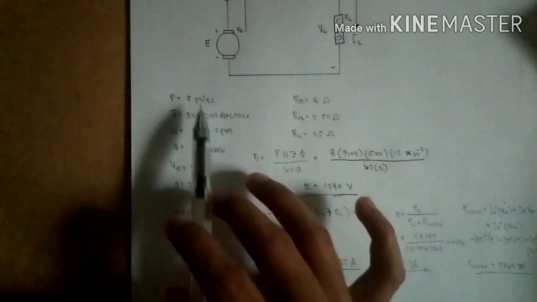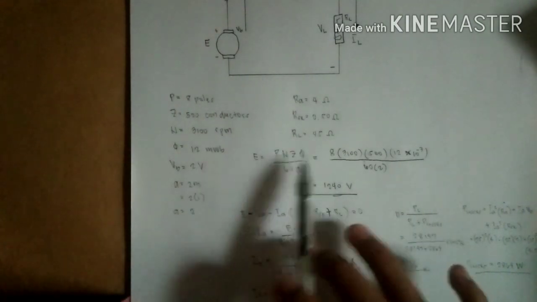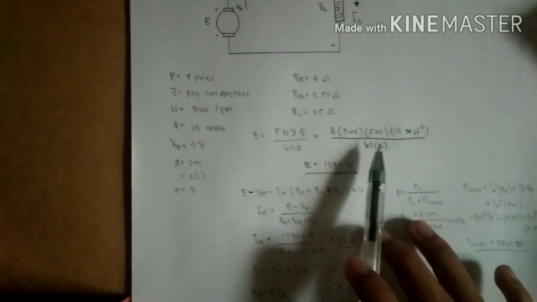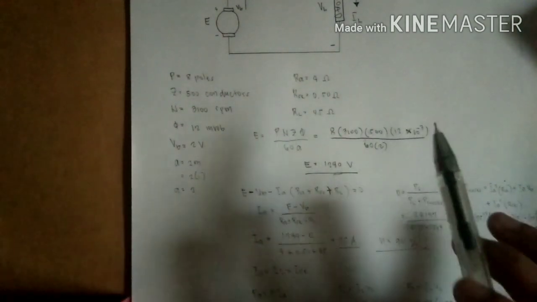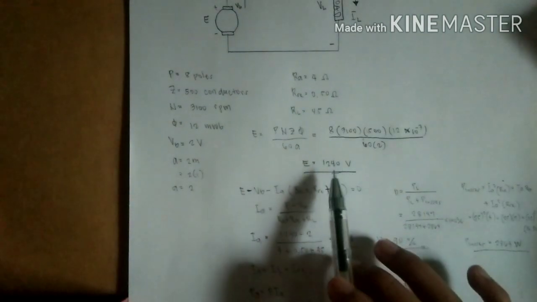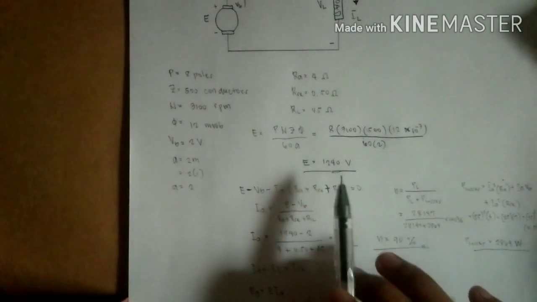We simply substitute all the values given. After substituting the values, we get the generated EMF in the armature, which is equivalent to 1240 volts.